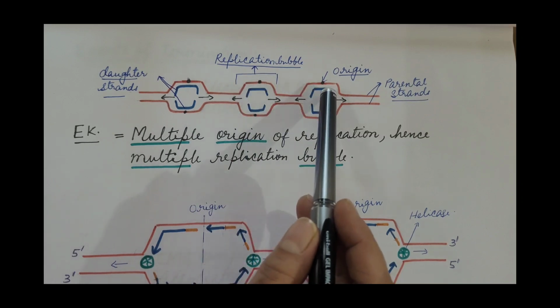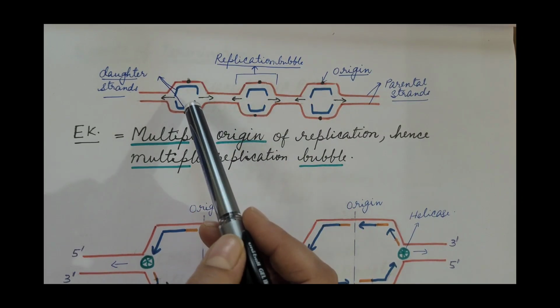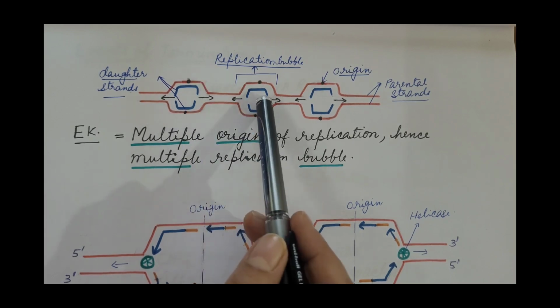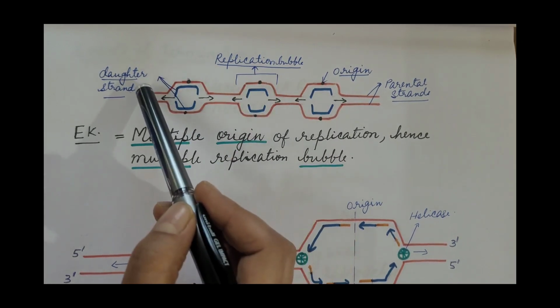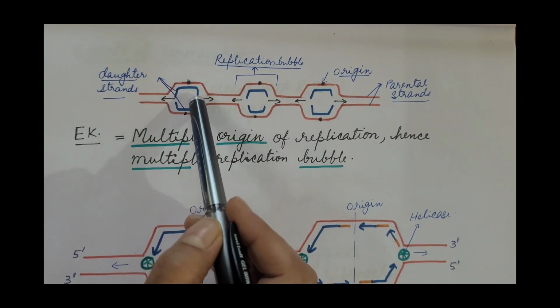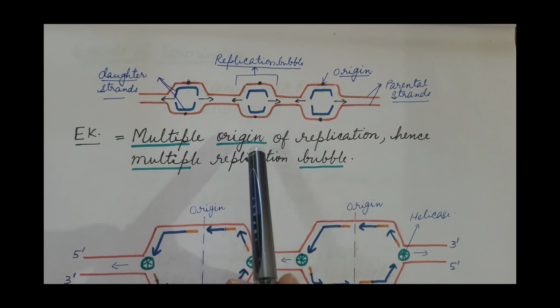There are multiple origins of replication, and as the two strands separate at the origins of replication, multiple replication bubbles are formed. Strands in red color are the parental or template strands, and those in blue color are daughter strands.